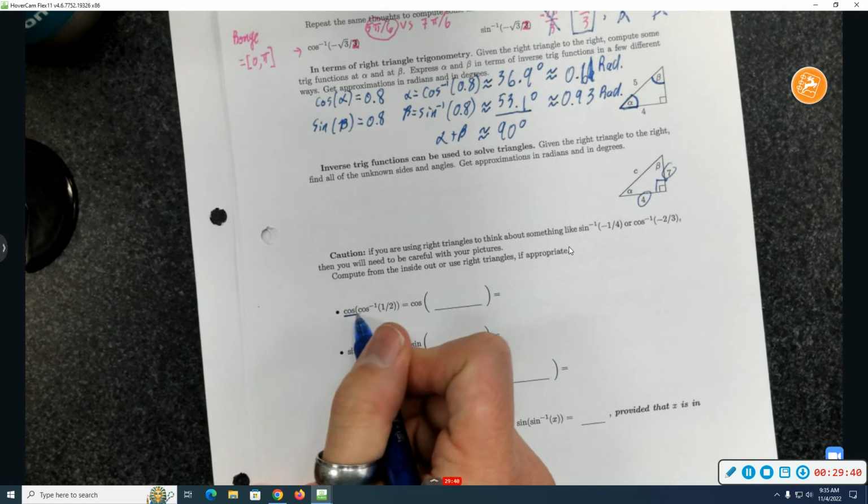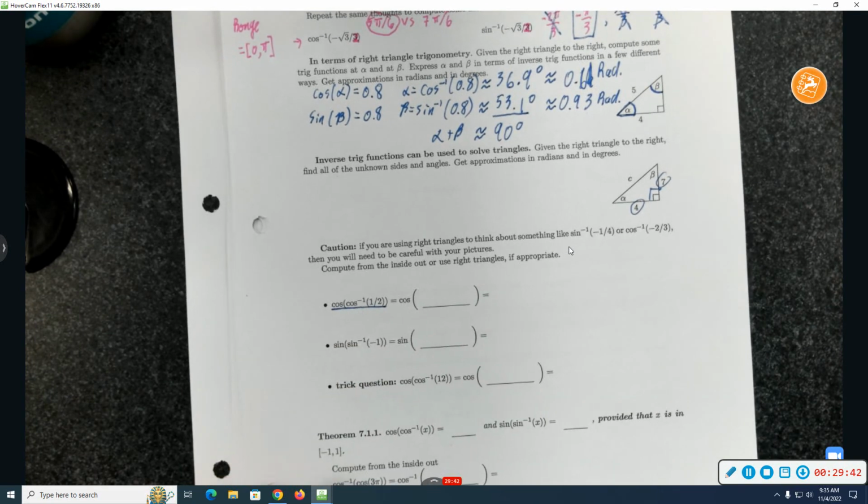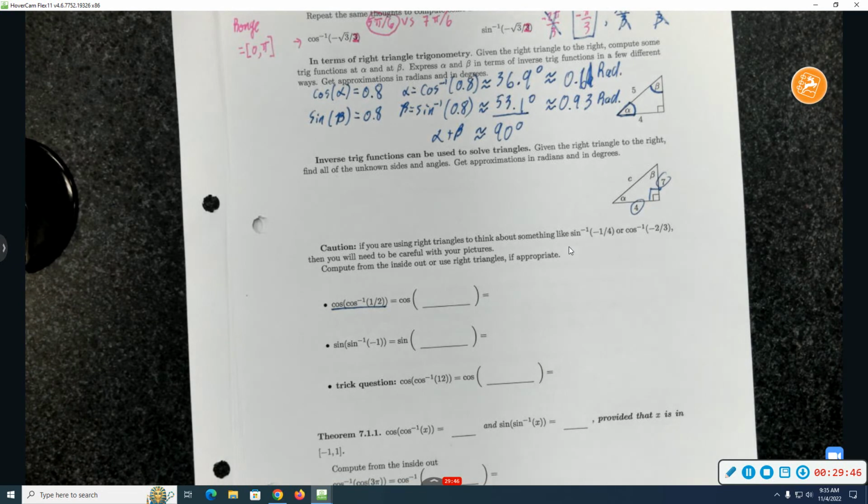Let's think about compositions like this, cosine of inverse cosine. And let's compute this from the inside out. We'll notice a pattern pretty quickly. What's inverse cosine of 1/2? Possibly by looking at your unit circle also.